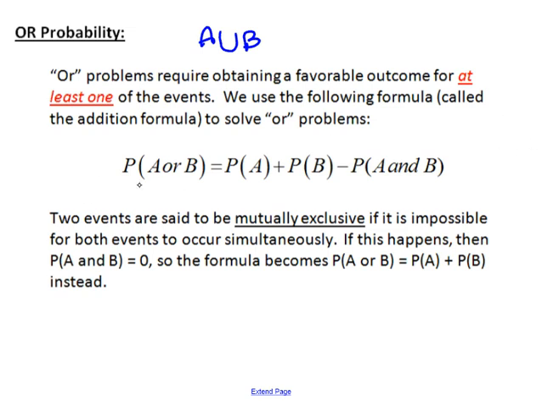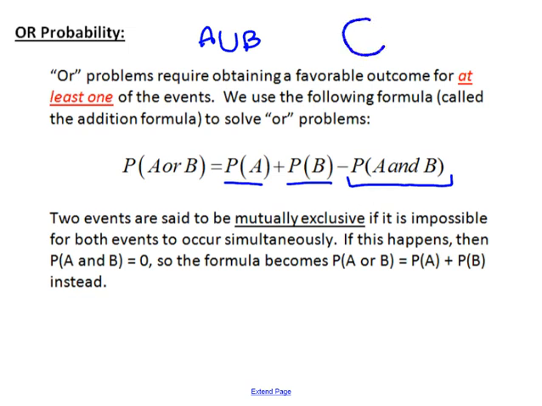All right, so to find the probability of A or B, you would add up the probability of A plus the probability of B, and then you have to subtract off the overlap. Now, we're not subtracting off the overlap because we're saying it's not allowed to happen in both. It's A or B, and definitely not both. That's not what this is saying. What this is saying is we're going to add up all of A, we're going to add up all of B, and then the reason we subtract the overlap is because they got double counted.